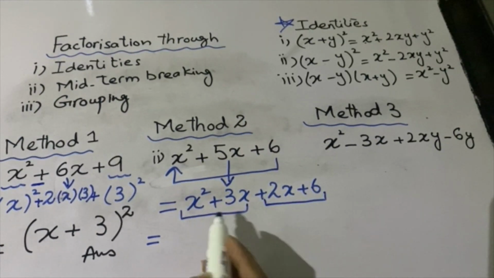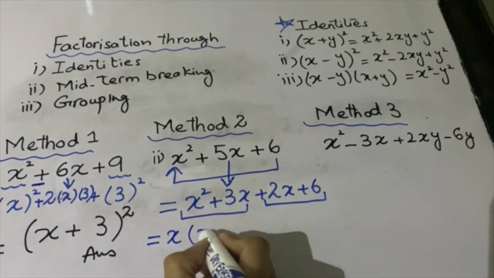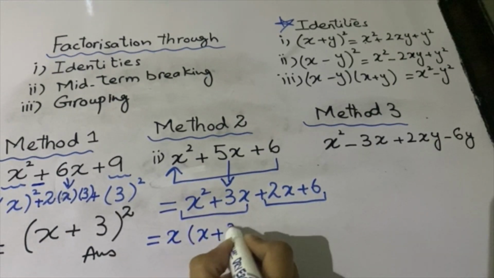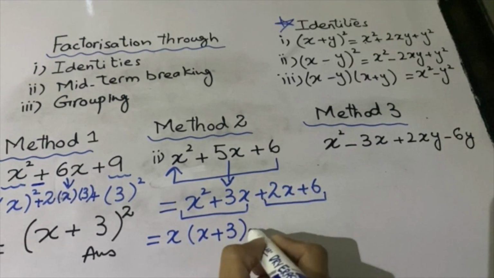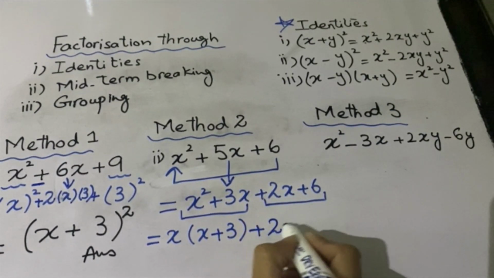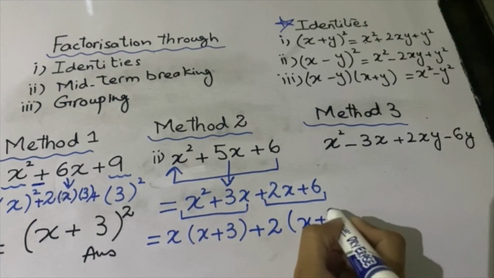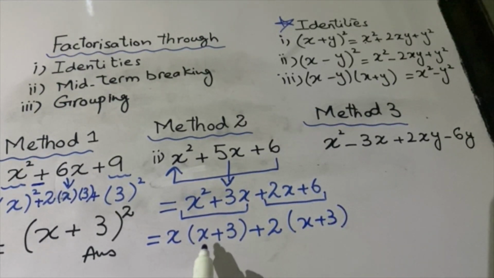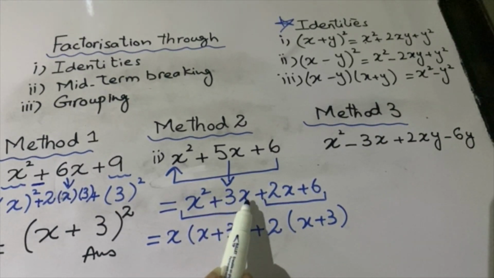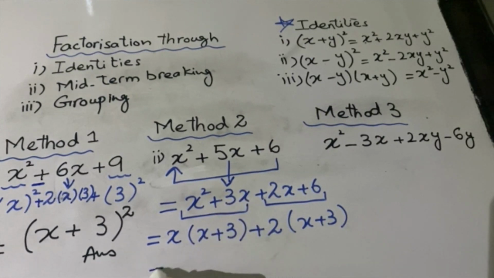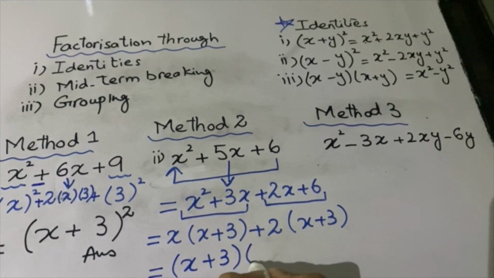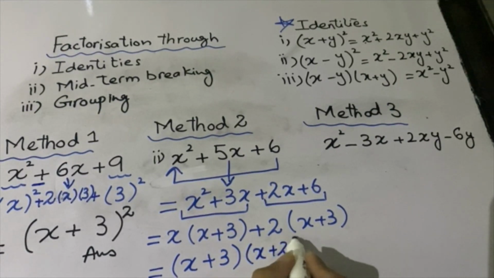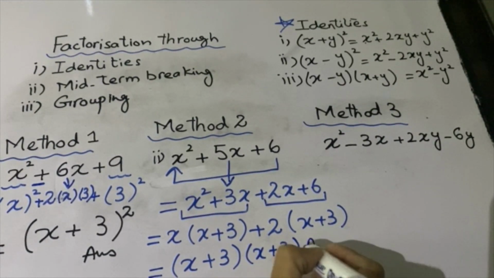What is common in the first 2 terms? x is common. What is left behind? x plus 3. Plus, what is common in the next two? 2. What is left? x plus 3. Your bracket should be the same with the same sign. If this is not the same, then it means your middle term breaking is not correct. So here you are going to write (x plus 3) into (x plus 2). This is how you factorize. This is your answer.